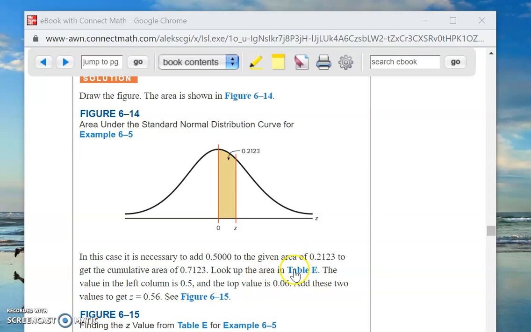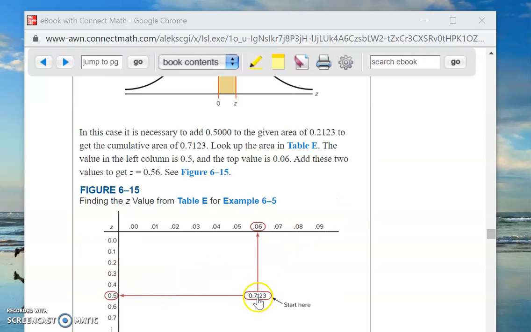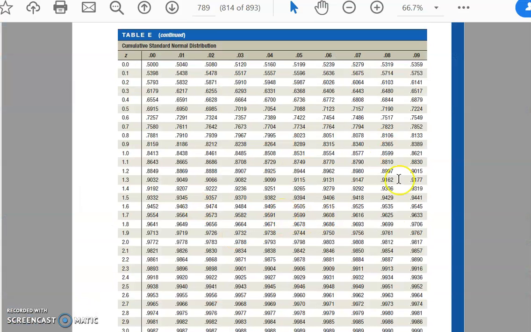So you look it up in the table and you find what the values are. To get 0.7123 on that table, you come over here and you find it. How did we find it? You just look. There's no magic to it whatsoever. You look at the table and you know it's going to be a positive number, so you look along here. You see, the areas are getting bigger as you go along, right?